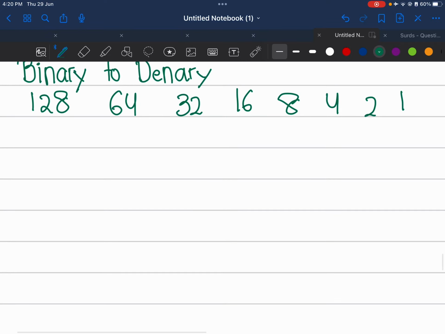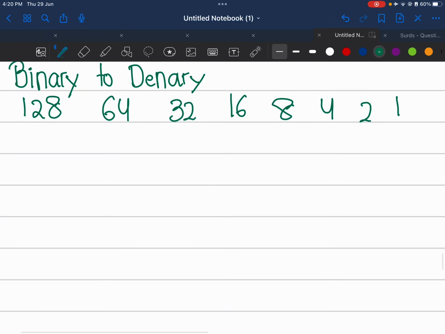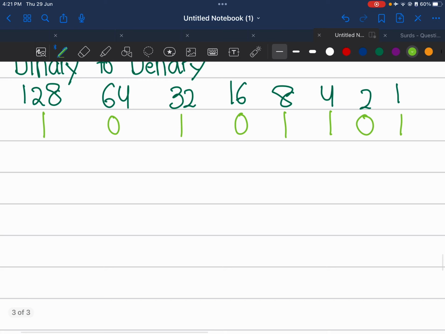Alright, the next thing after drawing up this place value table is to write your binary number. I'm just going to write a random binary number here: 1 0 1 0 1 1 0 1, and that's really it. Now the final step is that for those places which have a 1 in them, you add up the place value headings.